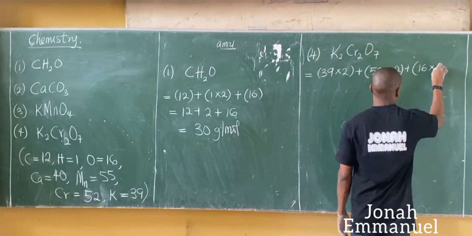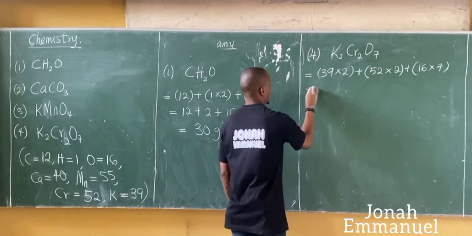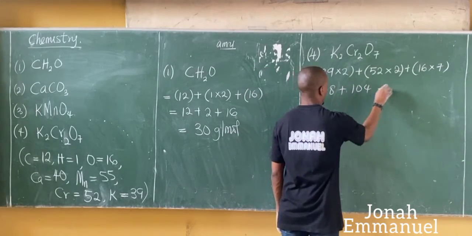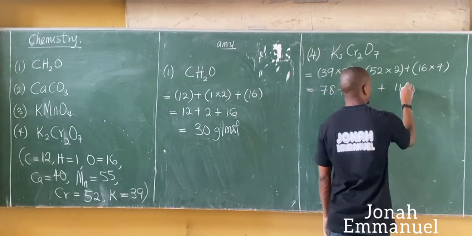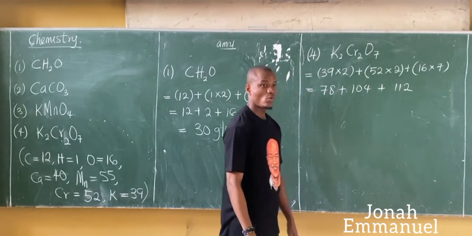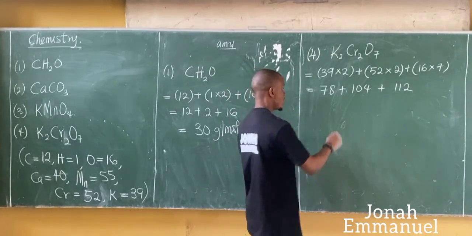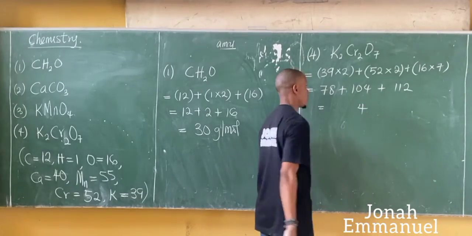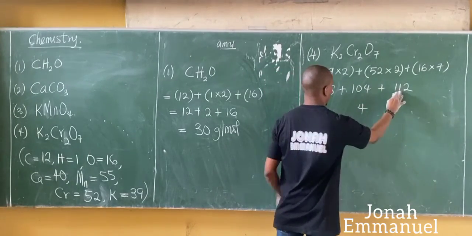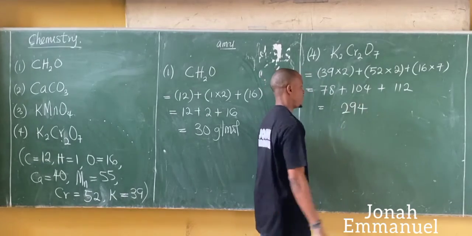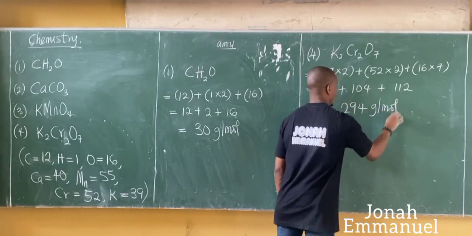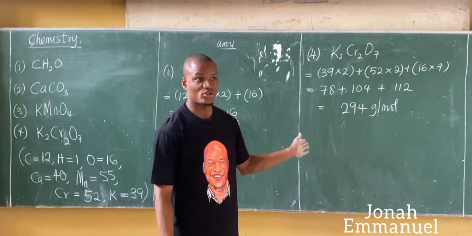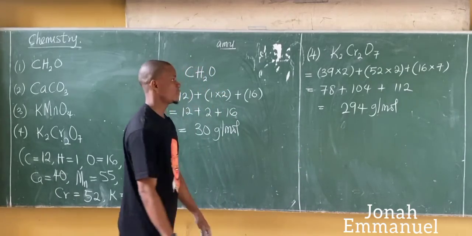How many atoms? 7. Multiply: this is 78, this is 104, this is 112. Add them up: 294 gram per mole. Please confirm this value. Correct, 294 gram per mole.